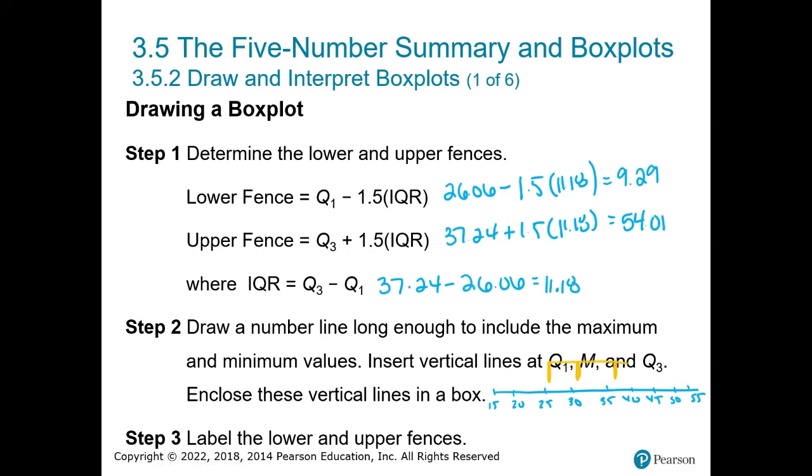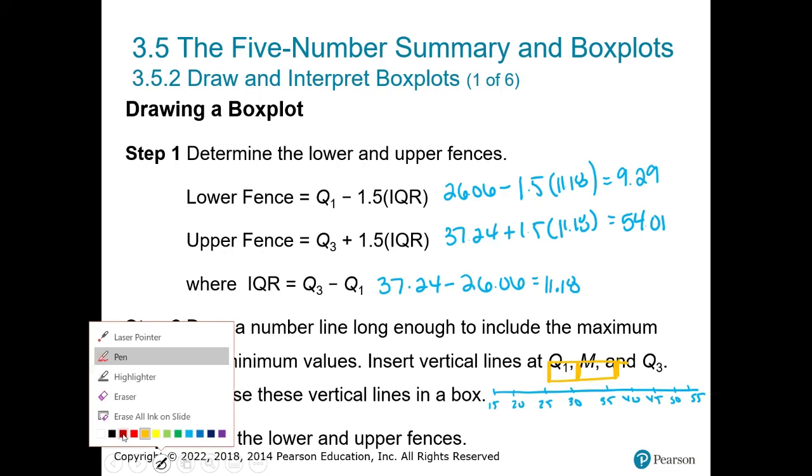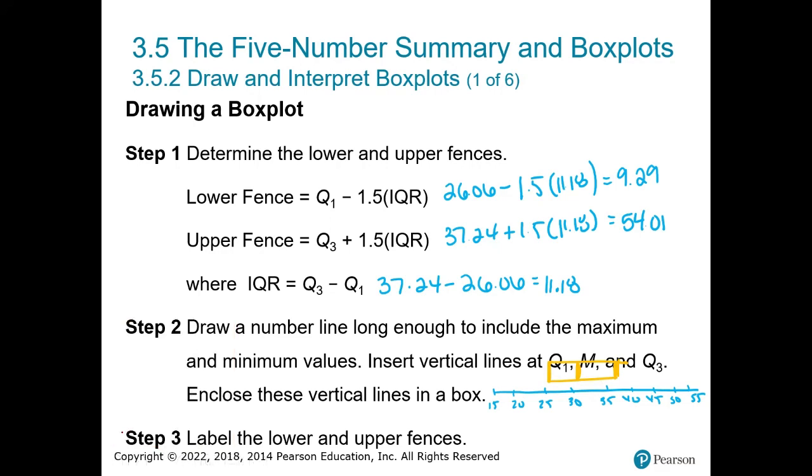Enclose those in a box, so they make a box. All right, label the lower and upper fences next. The lower fence is below here, it's outside there, and 54.01 is there. So lower fence, upper fence.